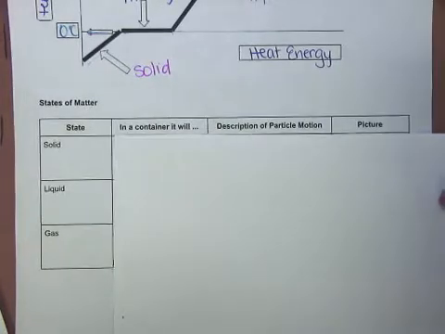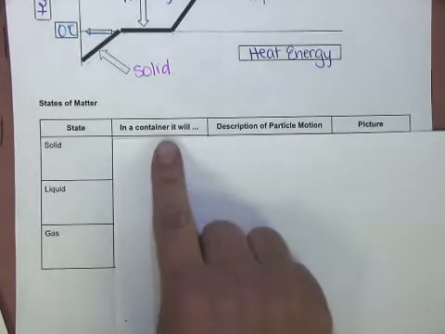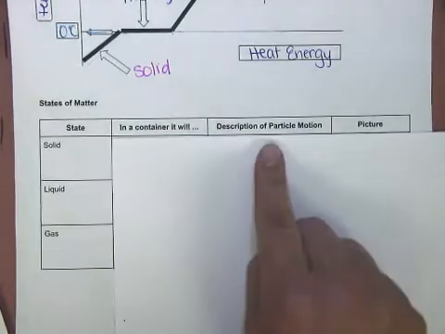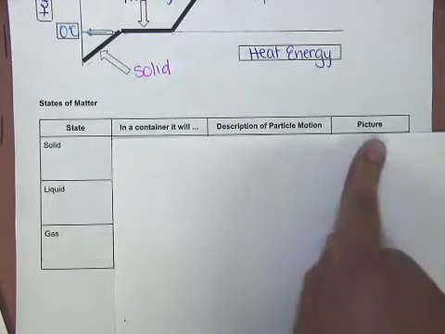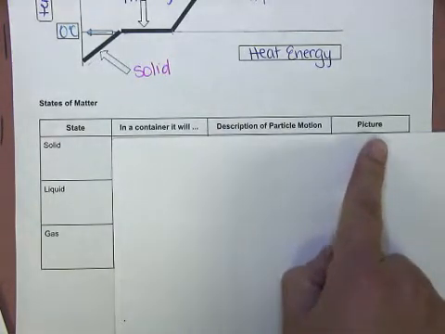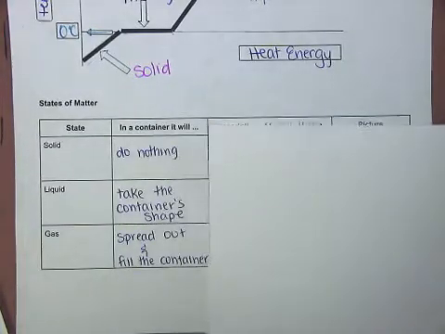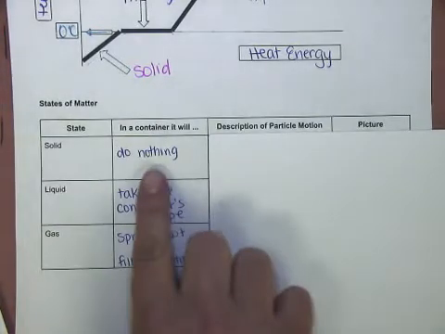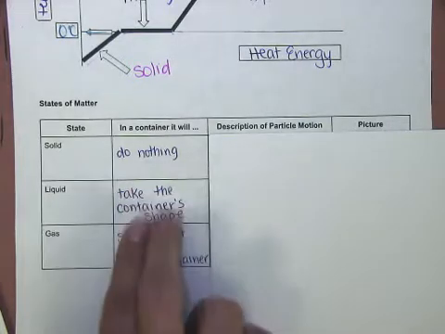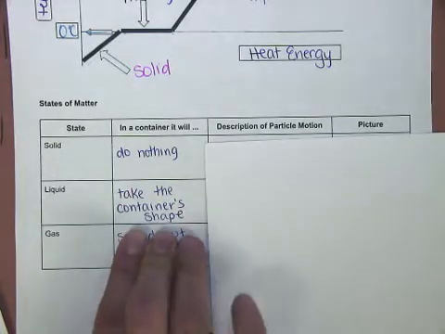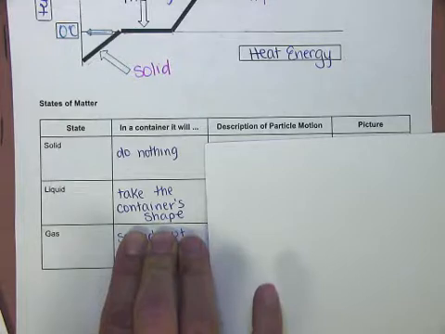Solids, liquids, and gases can be described as what they will do in a container, what their particle motion looks like, and then we can draw a picture of that. A solid, if I place a solid in a container, it will just simply sit there. It won't do anything. If I place a liquid in a container, that liquid's going to take the shape of the container.